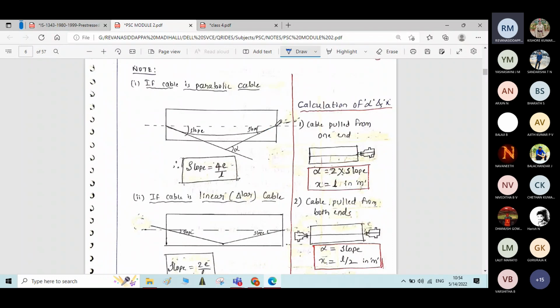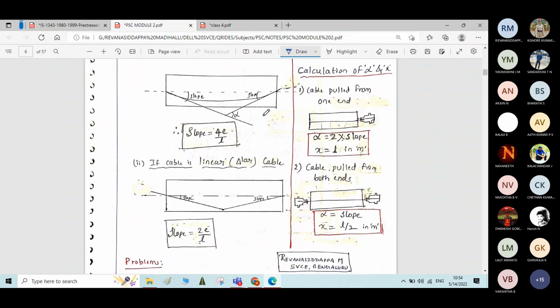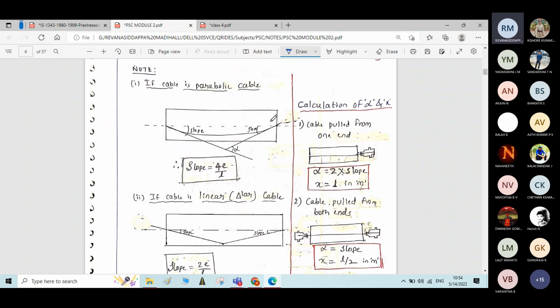The calculation of alpha I am explaining now. See the cable profile. If the cable profile given in the problem is a parabolic cable, we have to calculate the slope as 4e by L. This slope is required for the calculation of alpha only.